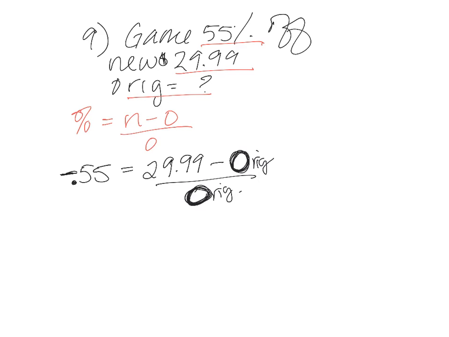And the problem is that we have a fraction with a variable in it, an x. Okay, I'm going to change this guy to an x so you can more clearly see it. So that means I need to get it out of the fraction. So I'm going to use cross products and multiply to get it alone. So I end up with negative 0.55 times that x, or it's really the original number.